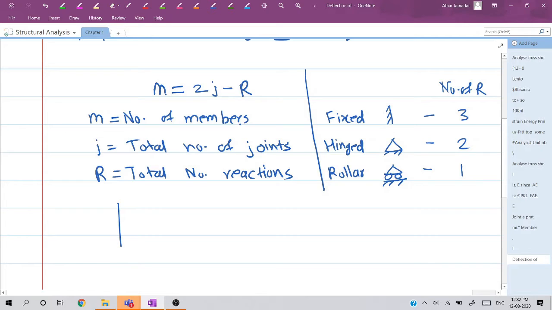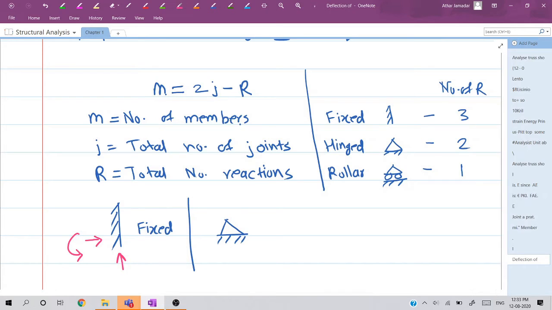First we will go with the fixed support. At a fixed support there will be three reactions: one vertical reaction, one horizontal reaction, and one moment. This is your fixed type of support. We have seen this in strength of materials. Then the second type of support is the hinge support.